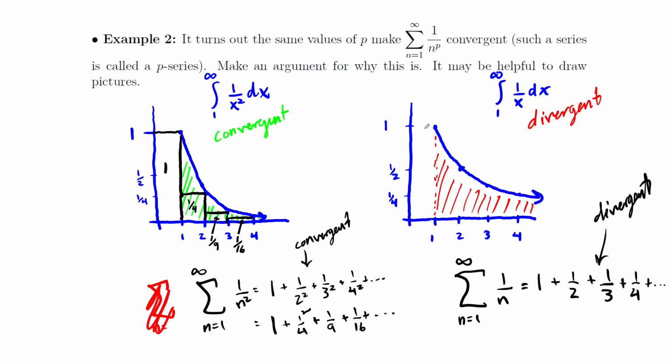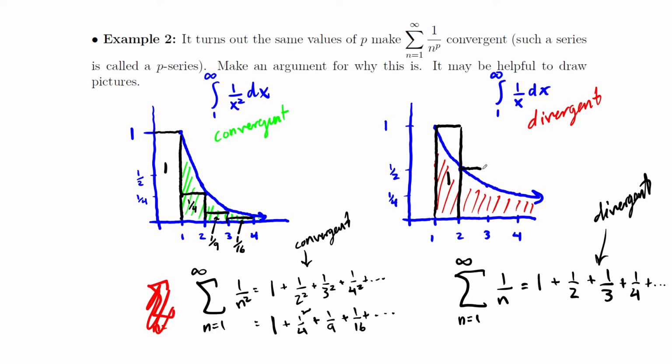All right, now here, how do we show this is divergent? Okay, we probably guess in just about the same way. But here, the way I'm drawing it is, I'm going to put my first rectangle here that represents my first term of 1.